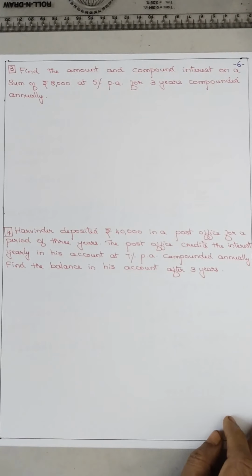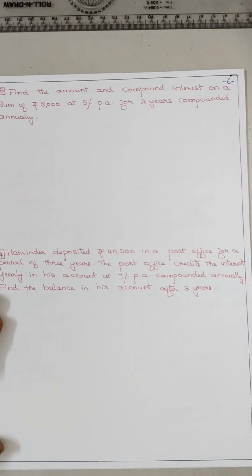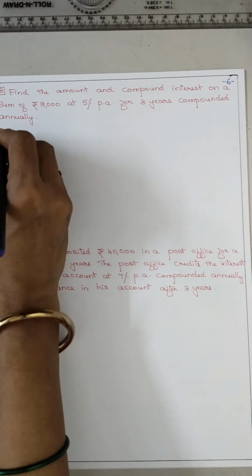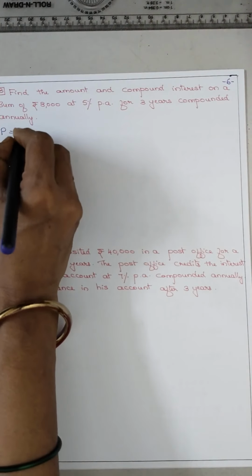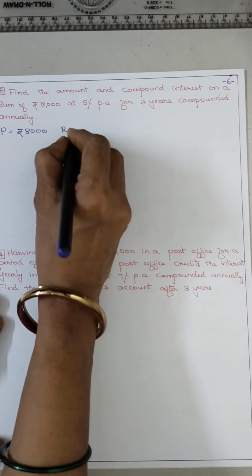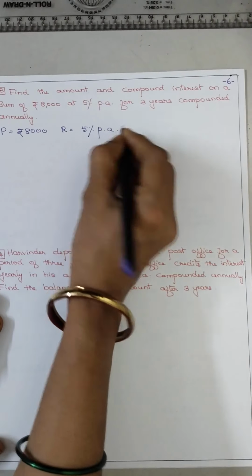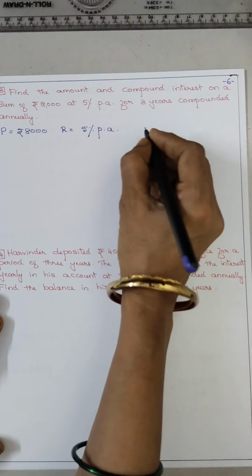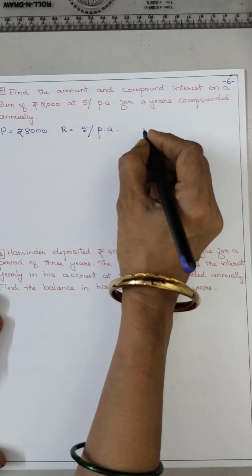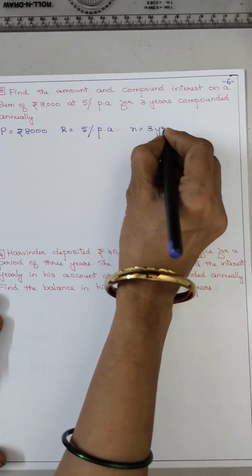Now coming to the third sum. Find the amount and the compound interest on a sum of rupees 8,000. Means the principal is equal to rupees 8,000. The rate of interest R is equal to 5% per annum. 3 years compounded annually means N is equal to 3 years.